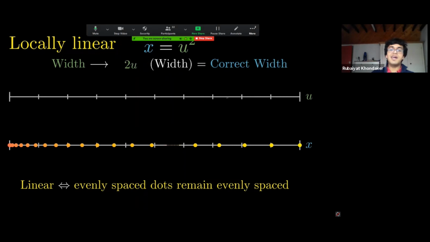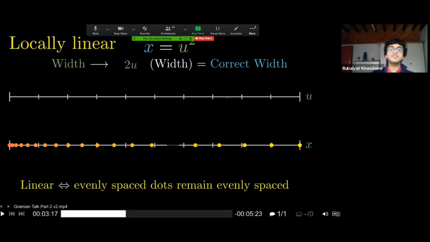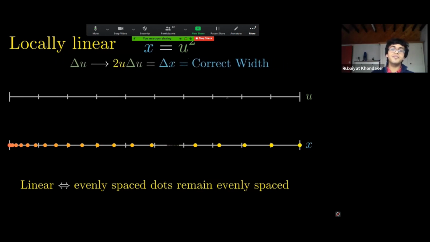And in general, around a general point u, a width near it would go to about 2u times the width. And that 2u there is again working as a correction factor. That's a sort of width distortion factor near that point.